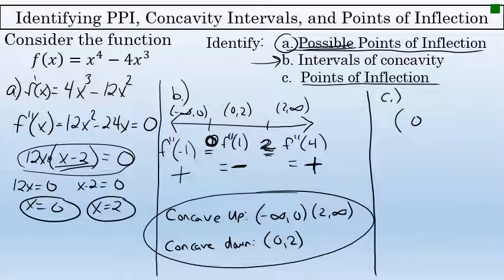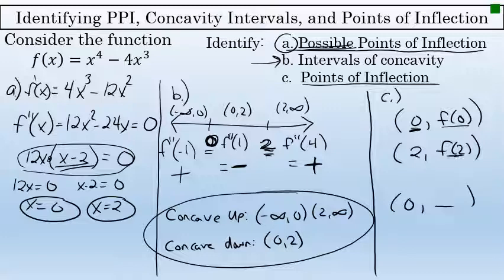One point of inflection occurs at x equals 0, and the other point of inflection occurs when x equals 2. So I'm going to write those points of inflection as ordered pairs. I'll substitute a 0 into the original function to get the y-coordinate of the point of inflection that has an x-coordinate of 0. And I'll substitute a 2 into the original function to find the y-coordinate of the point of inflection when the x-coordinate is 2.